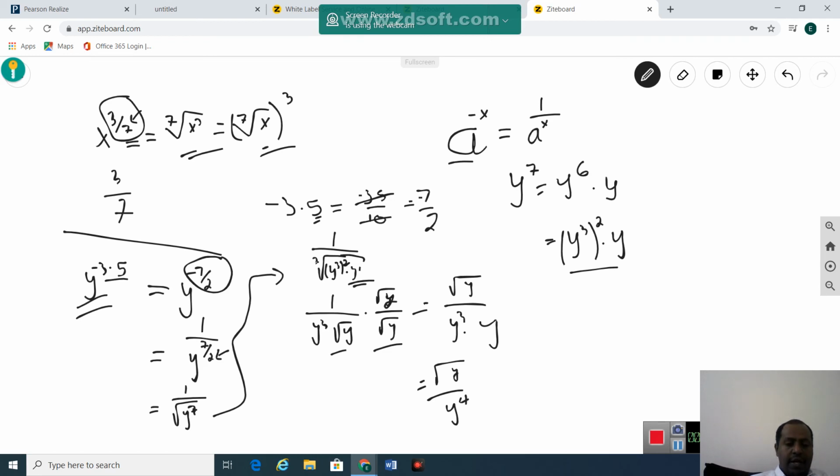Then I changed the negative rational exponent to a positive one by taking the reciprocal, giving 1 over y to the power of 7 over 2. Then I changed the rational exponent to radical form, and after that I simplified the expression. Finally, I got this one.